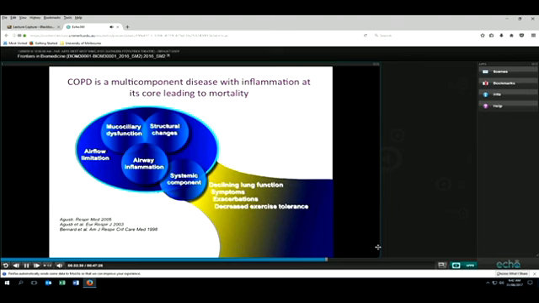And people who have COPD have an increased degree of systemic cytokine and systemic inflammation that can be measured, and that's part of the risk. Patients with COPD have a higher risk of cardiac disease relative to patients without COPD who have the same smoking history, and it's thought that the systemic inflammation that occurs in COPD is likely responsible for that.